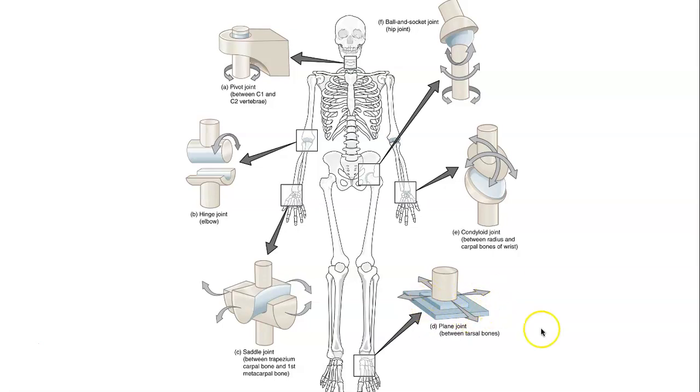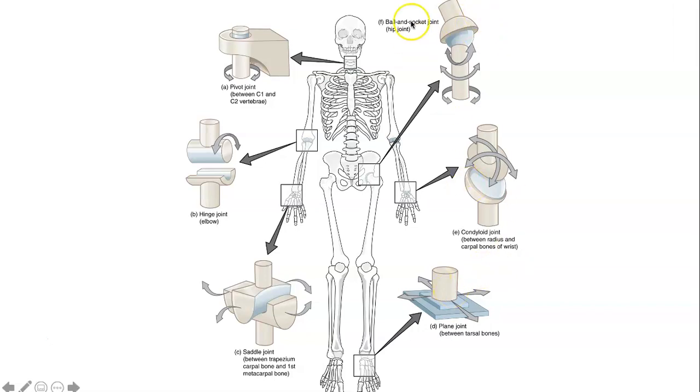Based on their shape, they are classified as multiaxial, right? You can see here that it says it can move in any direction. But in reality, they're not always going to be able to do that because of the ligaments that are going to constrain movement. One example are the intercarpal joints of the wrist. You really don't get a lot of movement in those joints, but technically they could move in every direction.